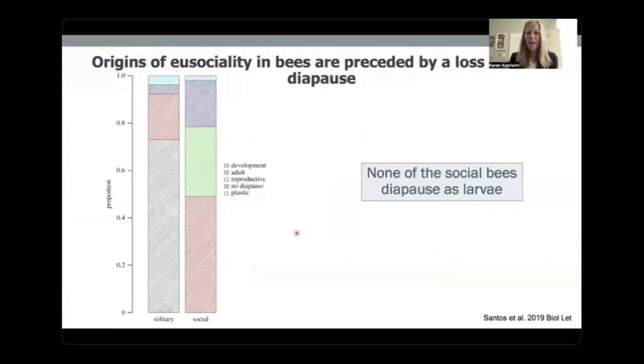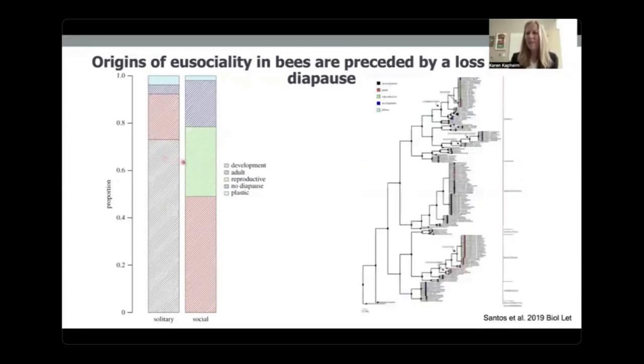So this caught the attention of Dr. Santos and I, and we wanted to see if something like this might be happening in bees. So we went to the literature and found information about diapause for over 100 species of bees, and we found that absolutely none of the social bees diapause as larvae. In stark contrast to that, nearly all or most of the solitary bees diapause as larvae.